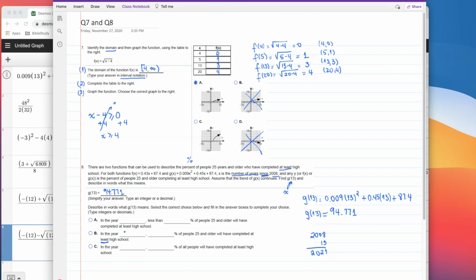So in the year 2021, this amount of people 25 years or older, 94.771%, is a good percentage of people who at least completed high school.